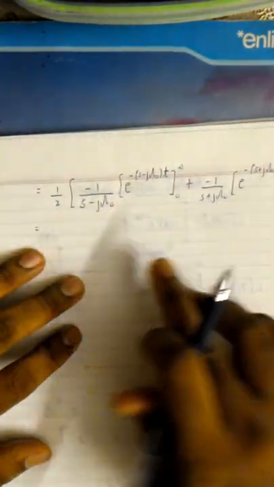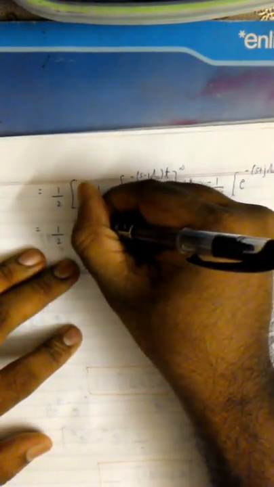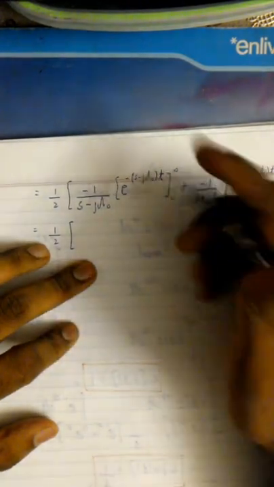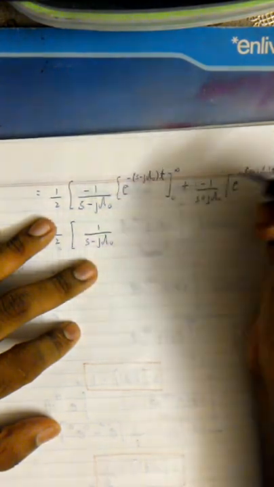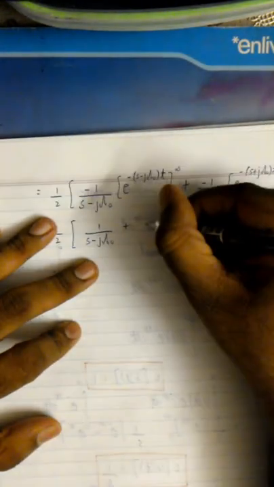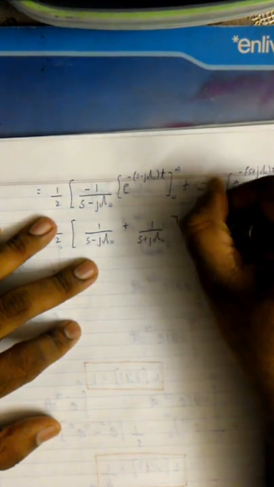This in turn will become 1 by 2 into 1 by s minus j ohm 0 plus 1 by s plus j ohm 0.